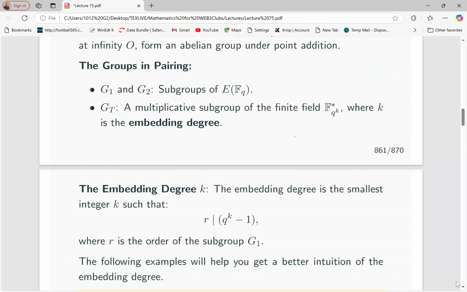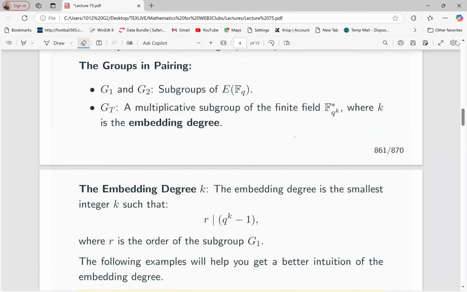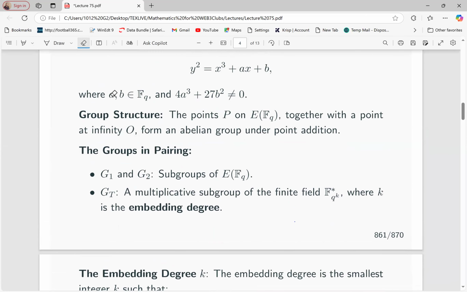Let me just go back and show you where it's coming from. We began with bilinear pairing, and we said it is the map that maps group 1 by group 2 to group T.